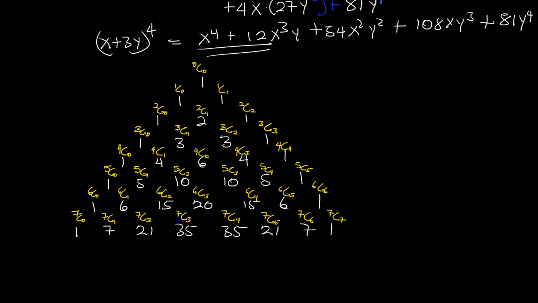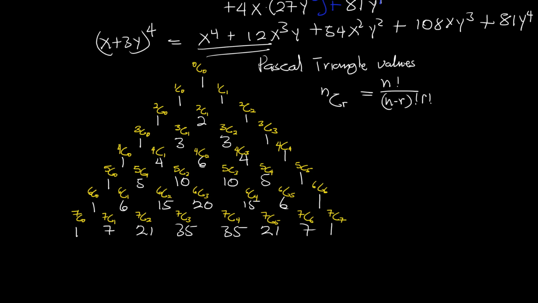We have the Pascal triangle values. We know that n combination r is equal to n factorial over n minus r, all factorial, r factorial.